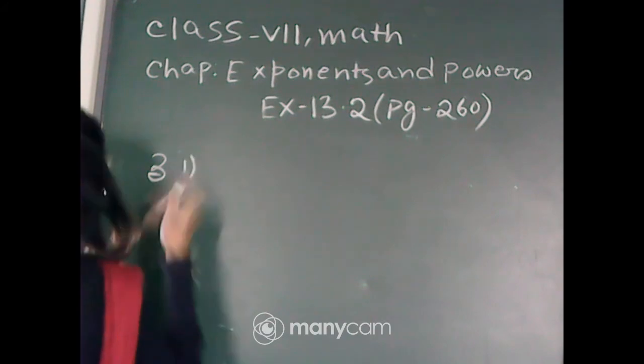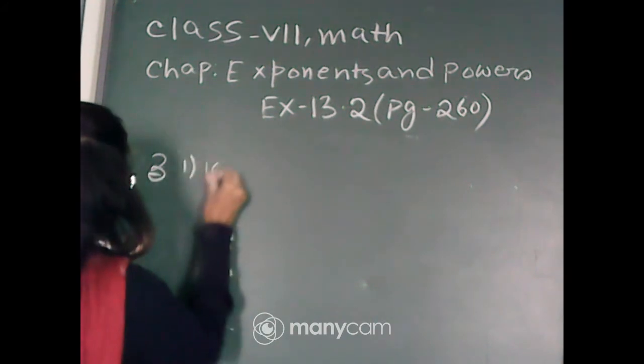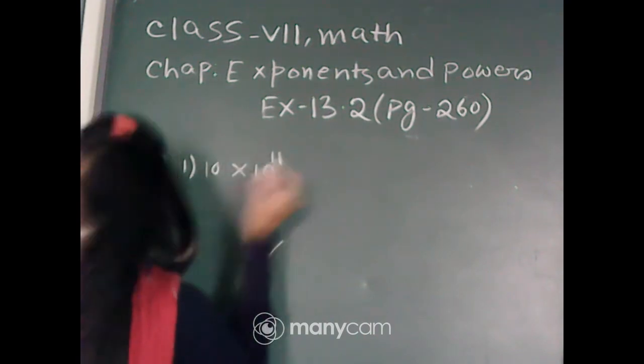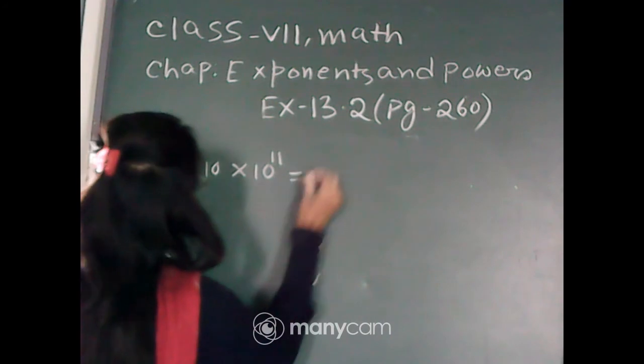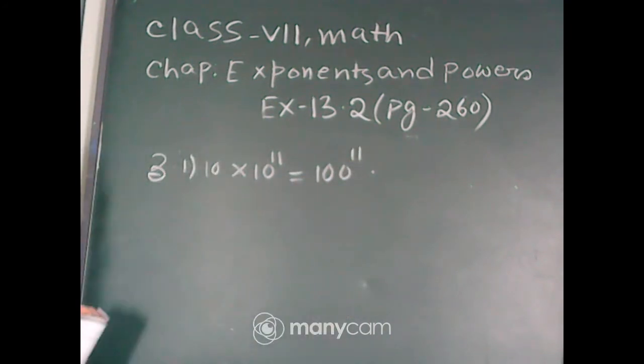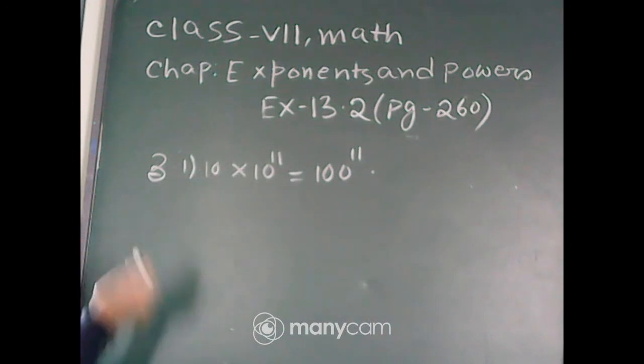Here it is given that 10 into 10 to the power 11 is equal to 100 to the power 11. We have to decide whether it is true or false.